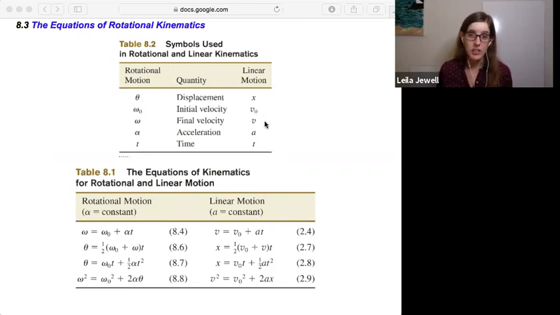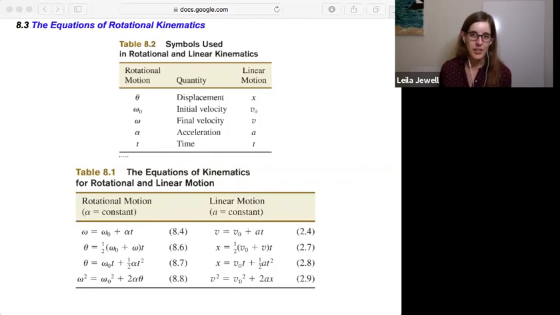It's v for the linear, but we still use the 0 for the initial and no subscript for the final. Acceleration is a versus alpha. T is the same. And then you have the 4 equations side by side. So if you're really more comfortable looking at the linear version of the equations that we saw in chapter 2, that's fair. You can just think in those terms and translate it back to the angular form.